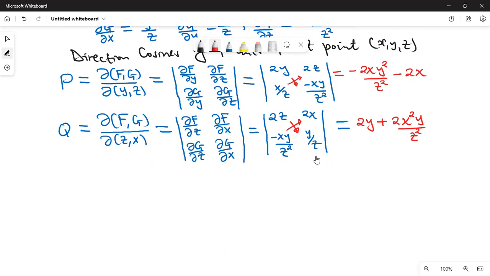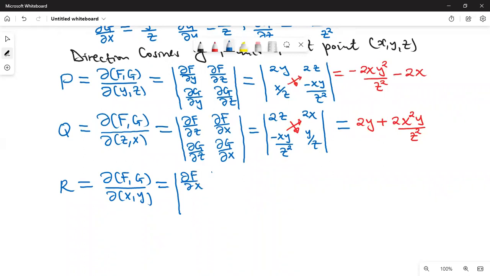Another direction cosine is r, capital R. This is defined as the Jacobian of f, g with respect to x, y, and this can be written as the determinant of partial f, partial x, partial f, partial y, partial g, partial x, partial g, partial y.